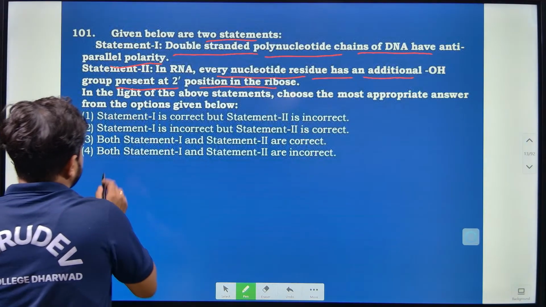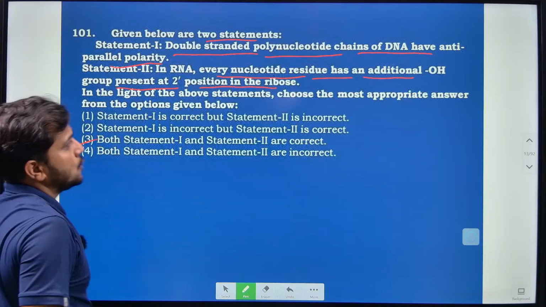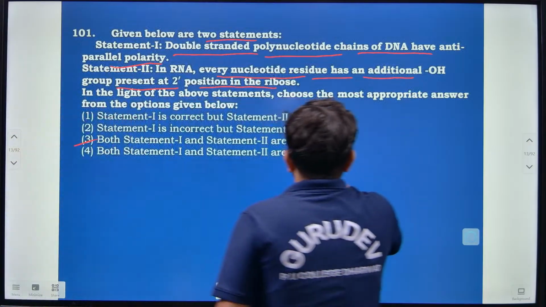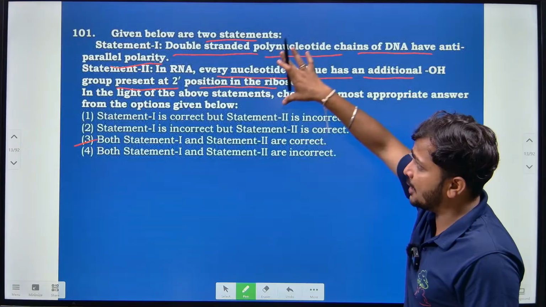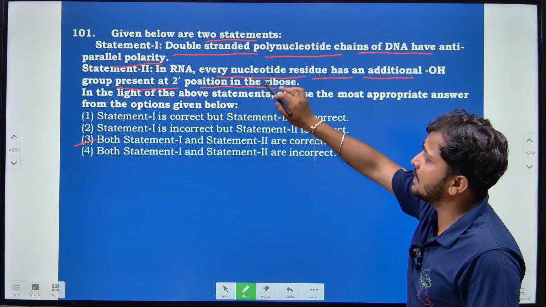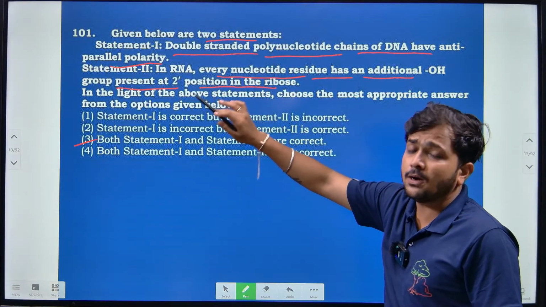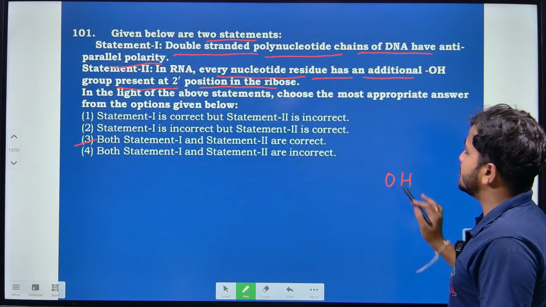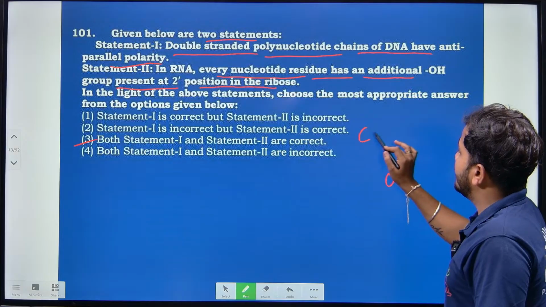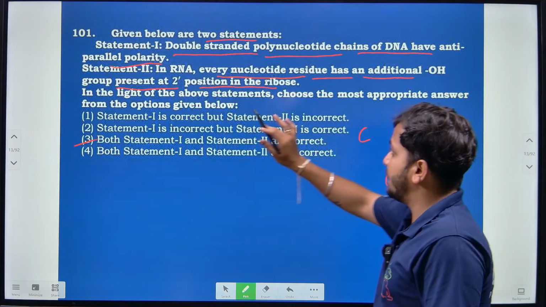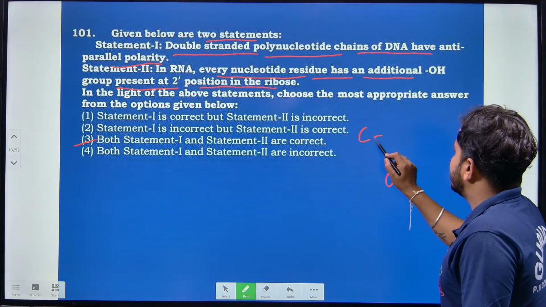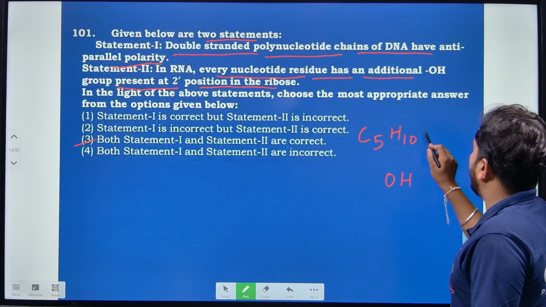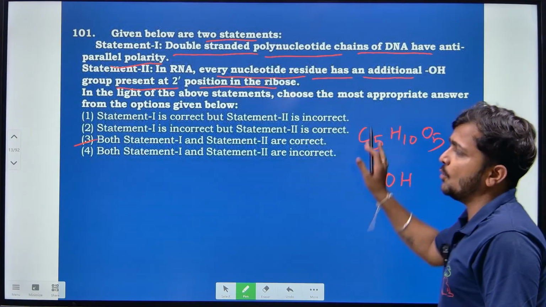Both statements 1 and 2 are correct. In the pentose sugar of RNA, at the second position there will be an OH group. Because of that, the molecular formula of this pentose sugar is C5H10O5 in RNA.